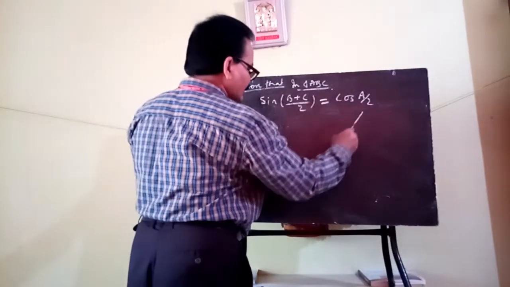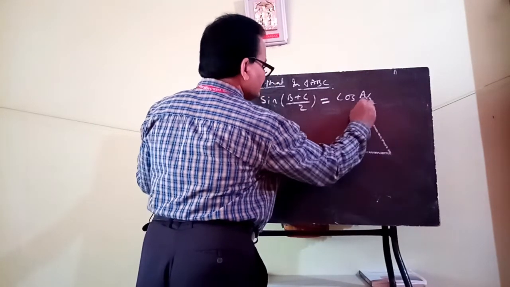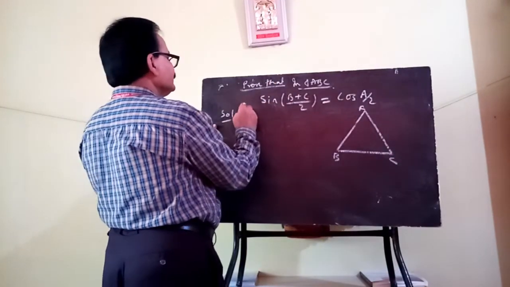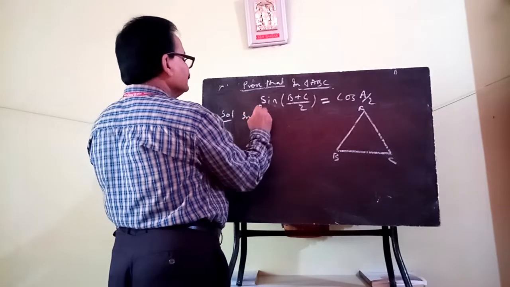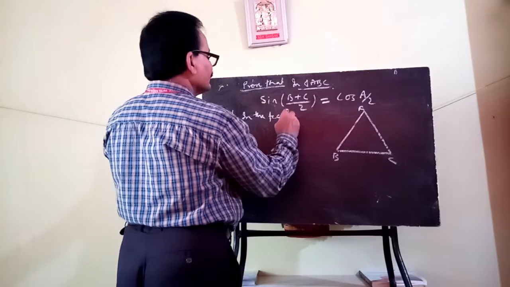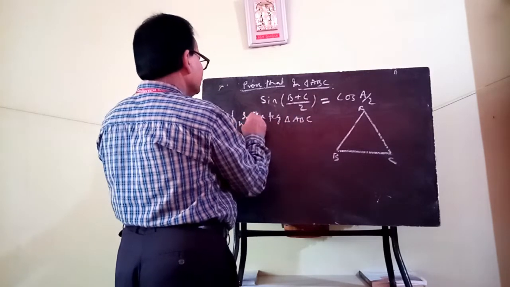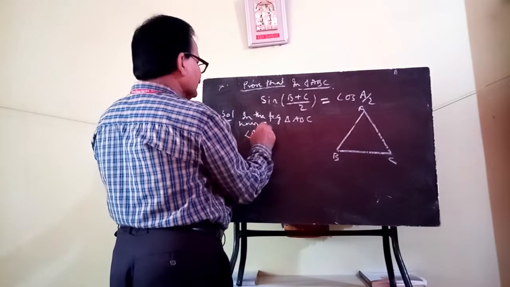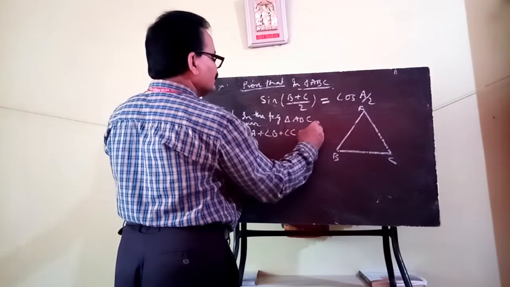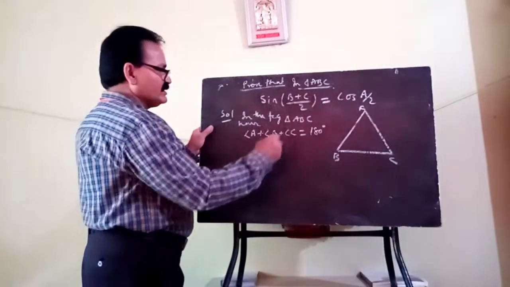Okay, here is the solution. You have to first draw a triangle. Here this is A, B, C. So as we know, in the figure, triangle ABC has angle A plus angle B plus angle C equal to 180 degree, because the sum of the angles of a triangle is 180 degree.